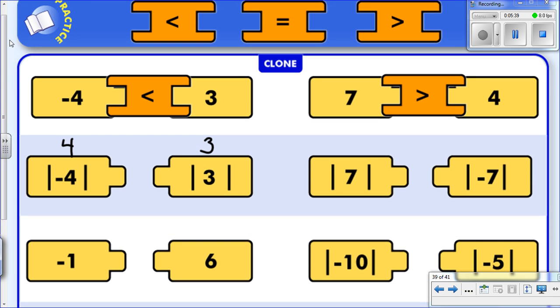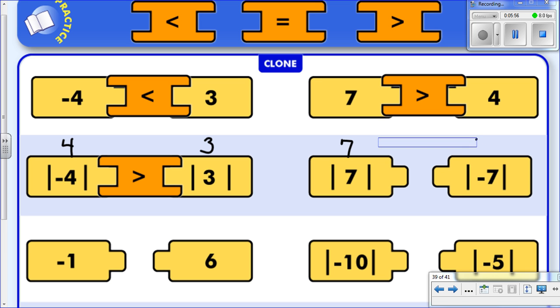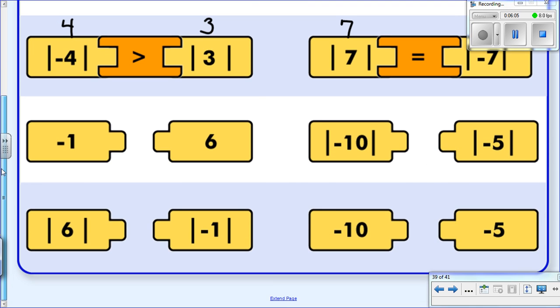Looking at this, the answer to our problem changes when we take the absolute value. So 4 is greater than 3. Now let's look at the next one. We have the absolute value of 7, which is 7, and the absolute value of negative 7 is also 7. So we would say the absolute value of 7 is equal to the absolute value of negative 7.